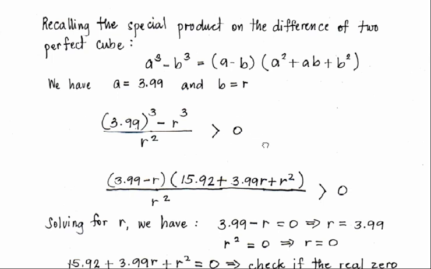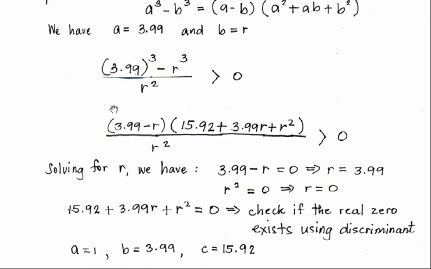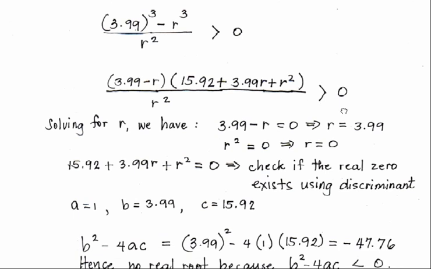Recalling the inequality, 3.99 cubed minus r cubed factors as the quantity 3.99 minus r times the quantity 15.92 plus 3.99 r plus r squared, all over r squared, greater than 0.